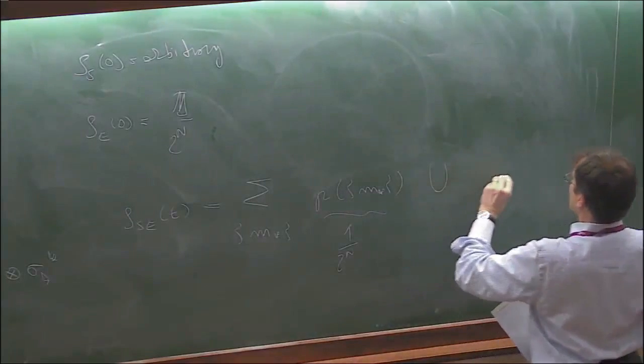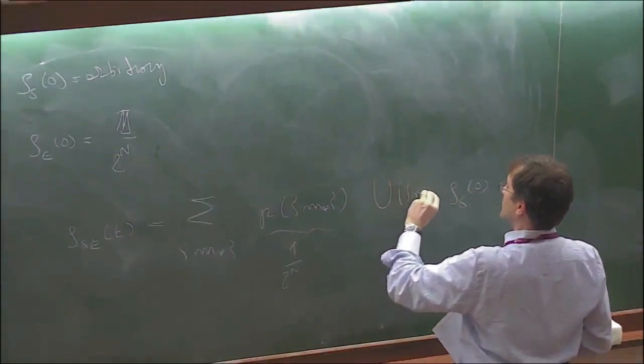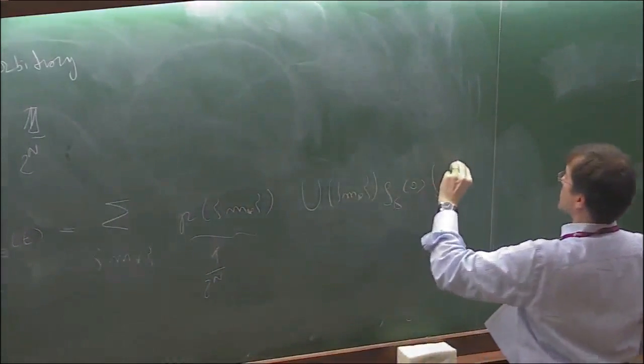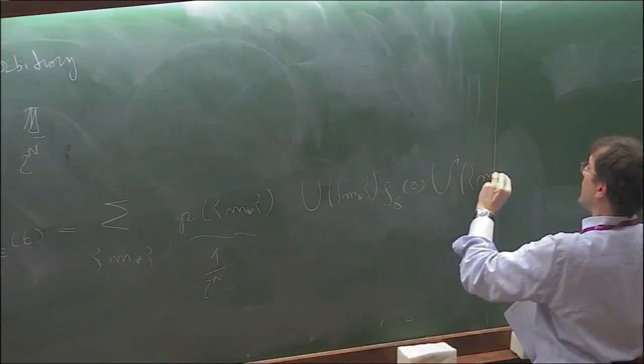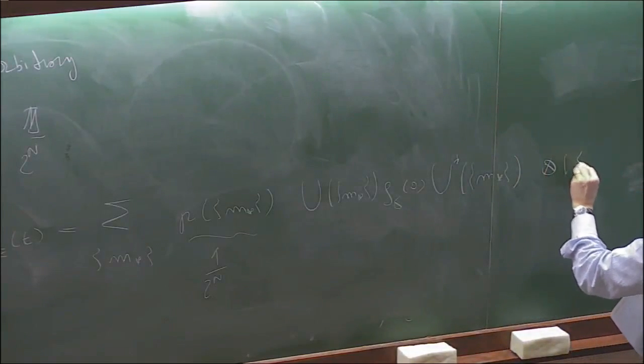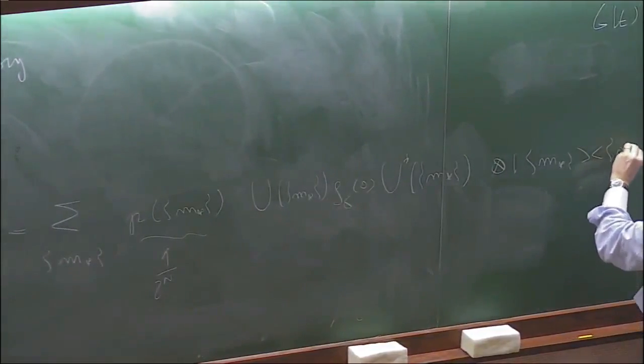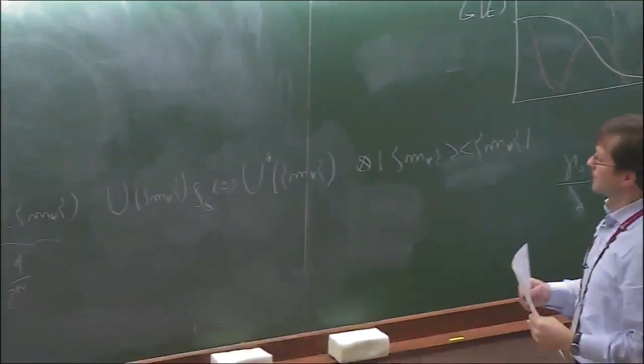And the action on the system is due to a certain unitary, and it's adjoint to the left. This is a unitary acting on the system only, tensor product with the state of the environment characterized by a certain collection of numbers.